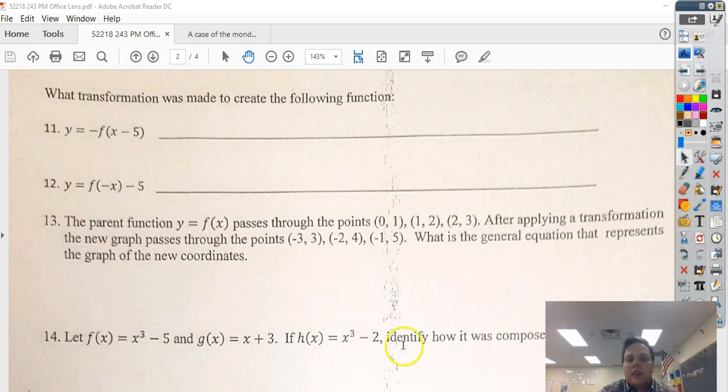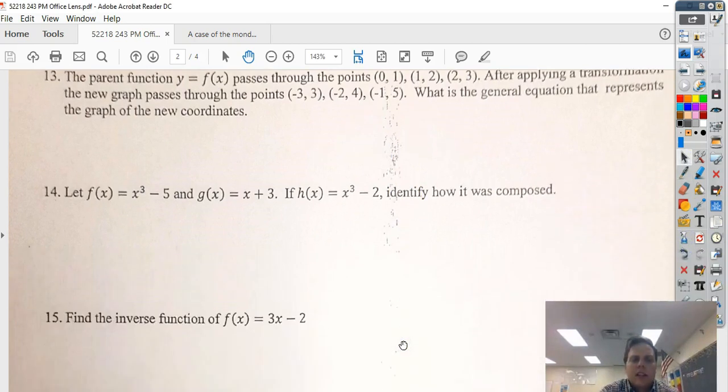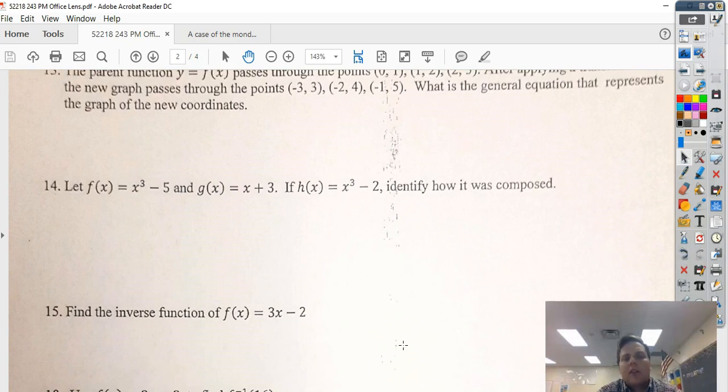Problem number 14. Let f of x equal x cubed minus 5 and g of x equal x plus 3. If h of x equals x cubed minus 2, identify how it was composed. Here's a trick you might want to think about. Look at what I want to have.